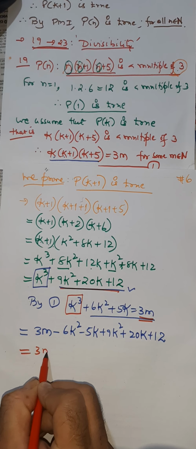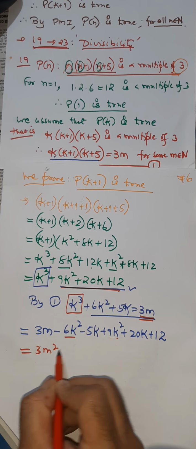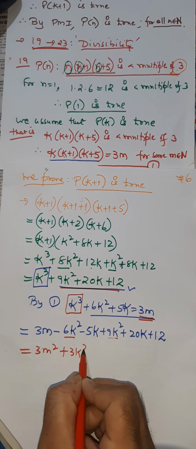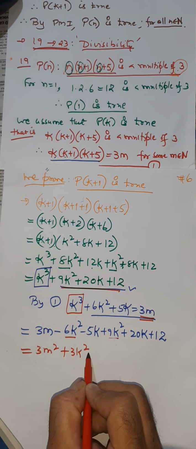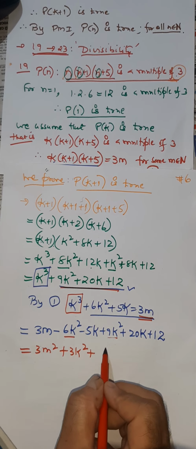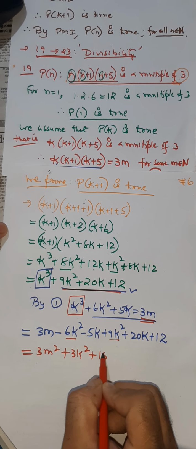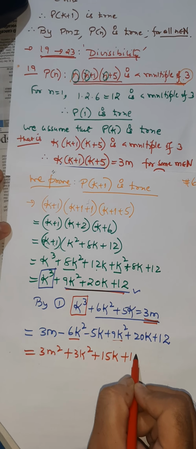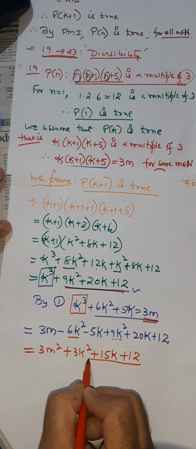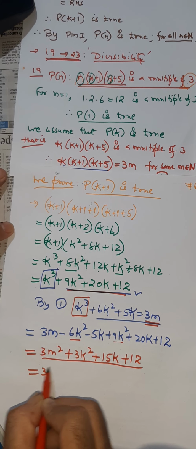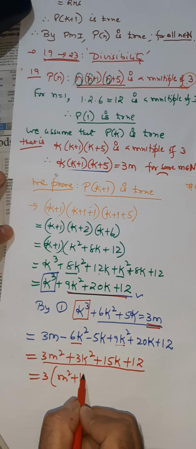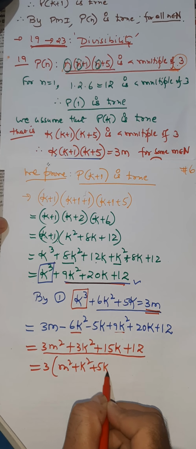Now let's simplify this and this, so plus 3k square, this and this, it would be 20 minus 5, so 15k, and plus 12. You can see that here you will find 3 common, so m plus k square plus 5k plus 4.